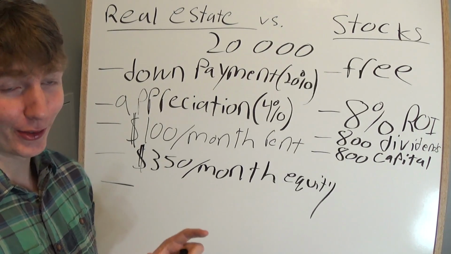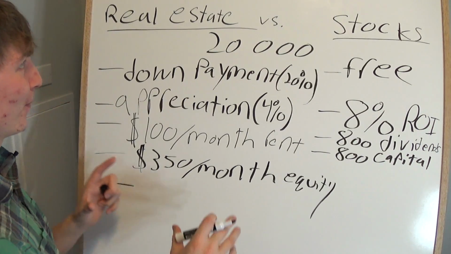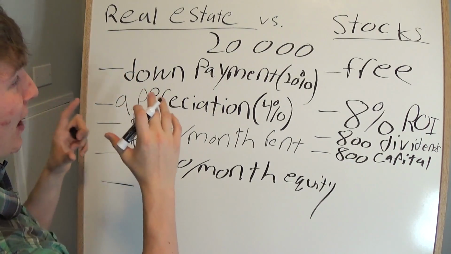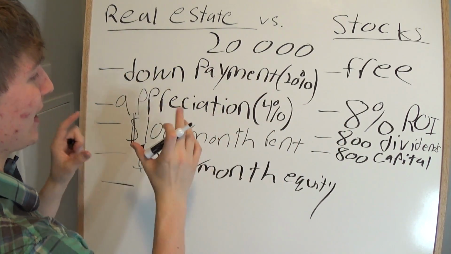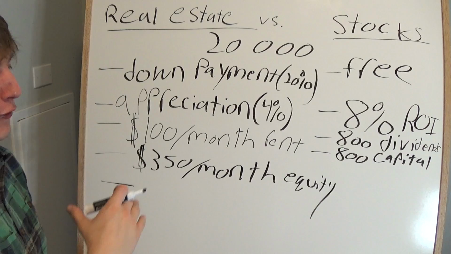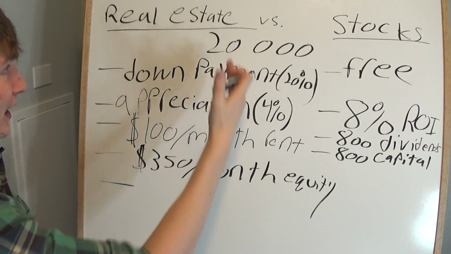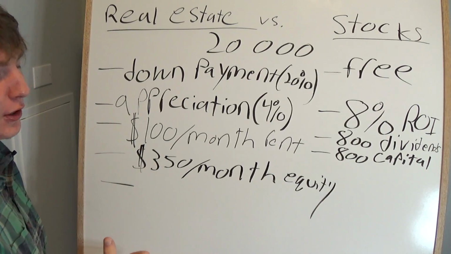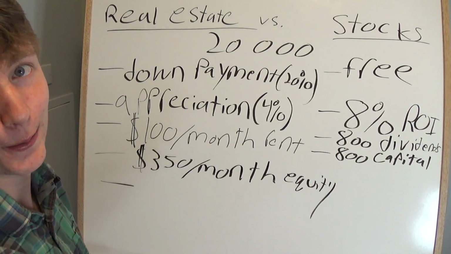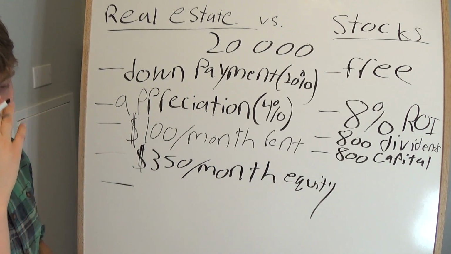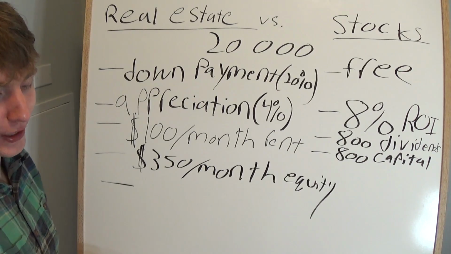This is the big difference in my mind between real estate and stocks: you're getting someone else to pay for your stocks if you do this correctly, except it's in real estate. You're getting someone else to pay your equity for you. It's a big part of rental real estate.